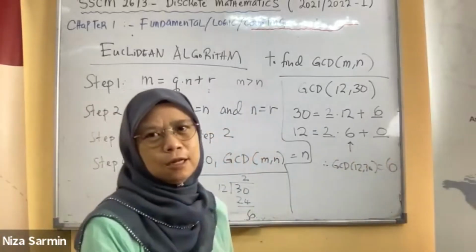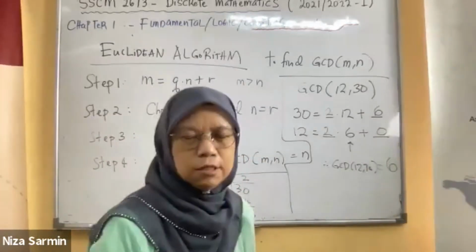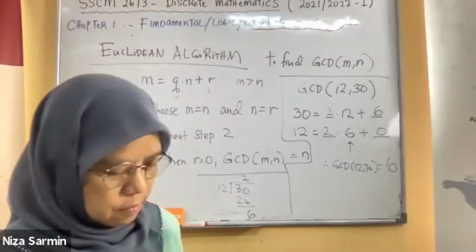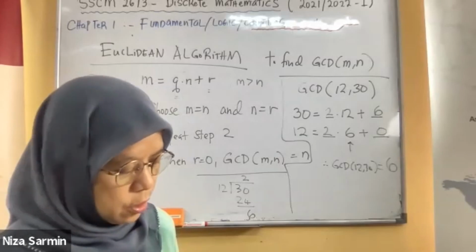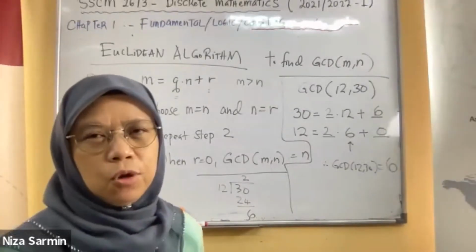Then again, just now, LCM is A times B over GCD. This is the division algorithm, the Euclidean algorithm. Sometimes it's long.